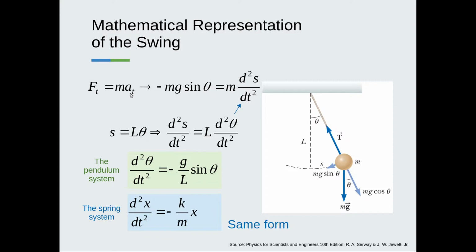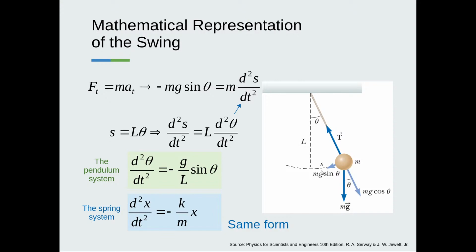And a_t, the acceleration in the tangential direction, is the second derivative of s. S is the path of the swinging track. So this is the track of the swinging particle, and s is the length of the path that it has gone by.